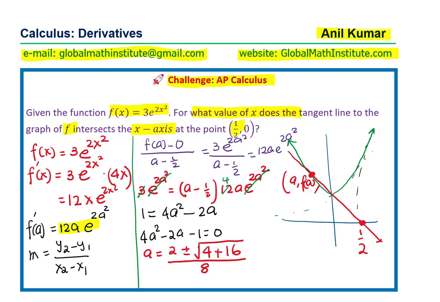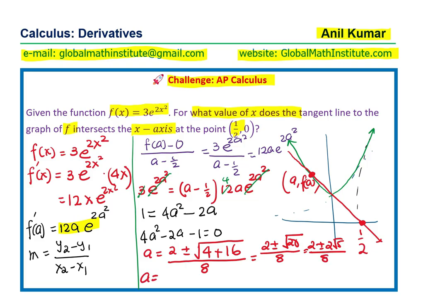So a equals 2 plus or minus the square root of 4 plus 16, which is 20, over 8. 20 is 4 times 5, so we can write this as 2 square root 5. Plus or minus 2 square root 5 over 8. We can now cancel 2's.